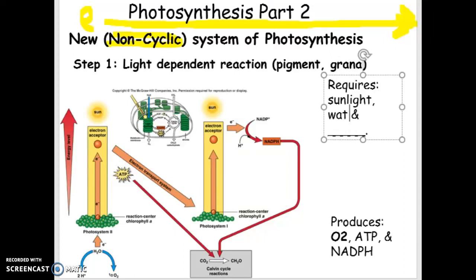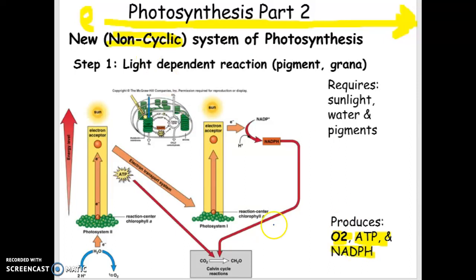It's going to require water, and then this step also requires the pigments. It could be chlorophyll A, it could be chlorophyll B, it could be the carotenes, the reds, the oranges, the yellows, etc. And then during step 1, it's going to produce oxygen, ATP, and this thing called NADPH.